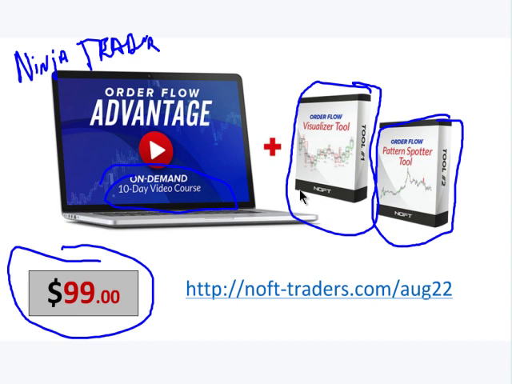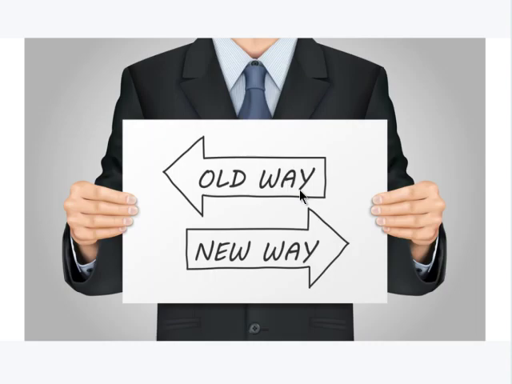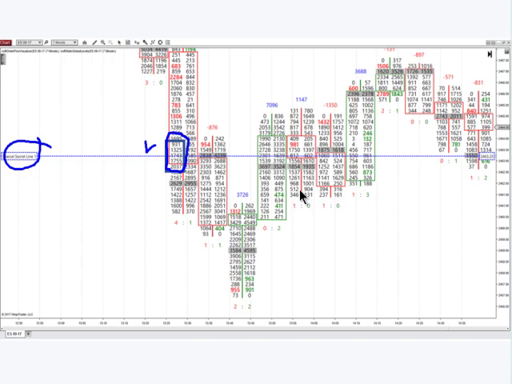What is the difference between red, green, and gray numbers? Okay, so red right there is called a sell imbalance. It's looking for a difference between what's happening on the bid versus what's happening on the offer.